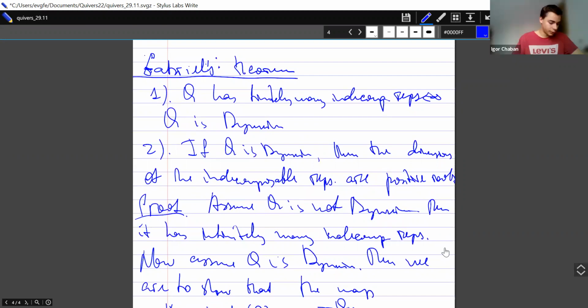We proved that for a Dynkin diagram there are only finitely many roots. So we already know that for a Dynkin quiver, the number of roots is finite. Therefore, if the number of roots is the number of indecomposable representations, then we are done. Okay.